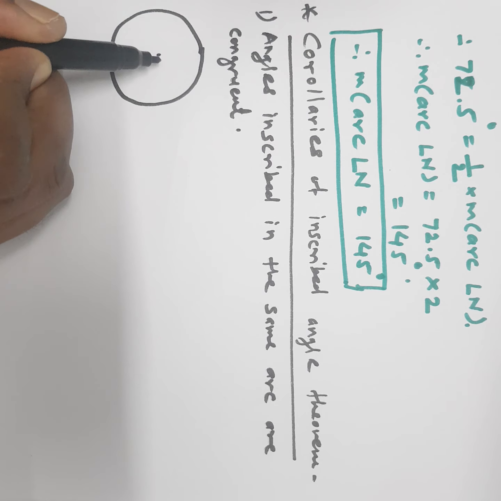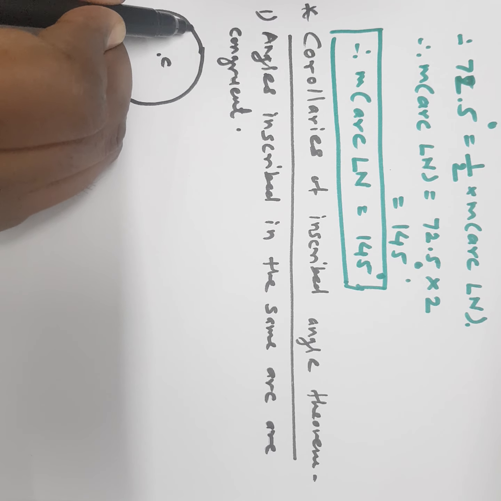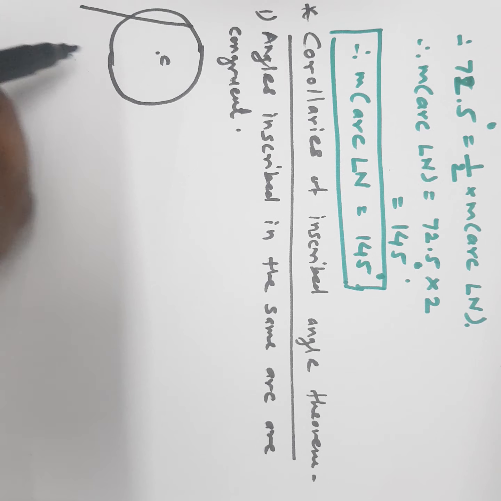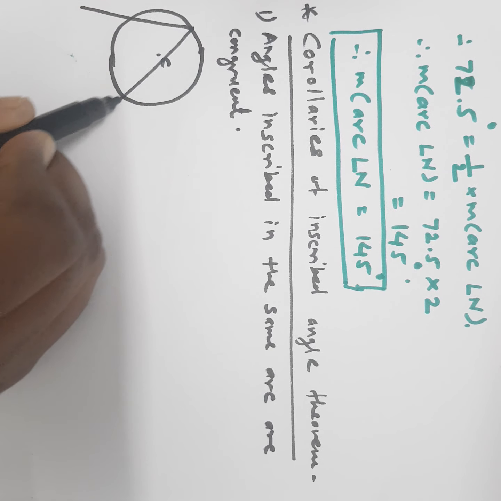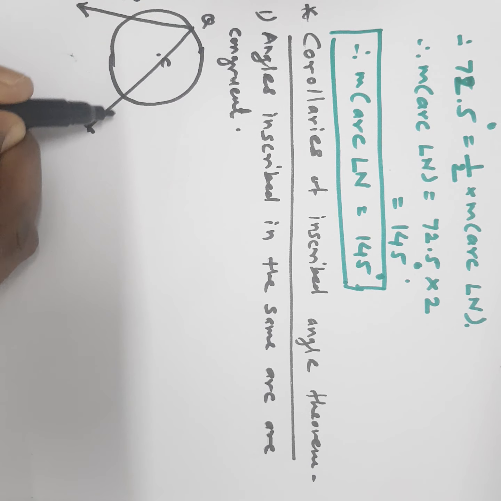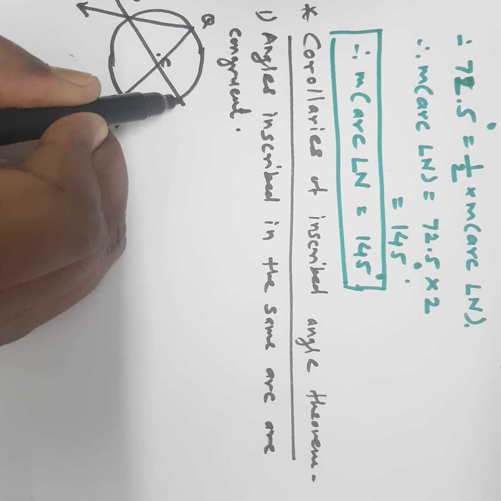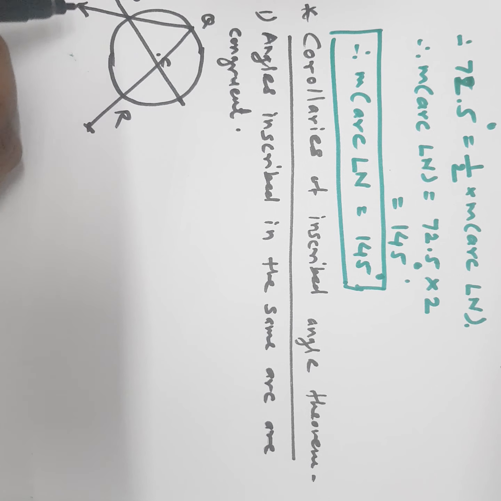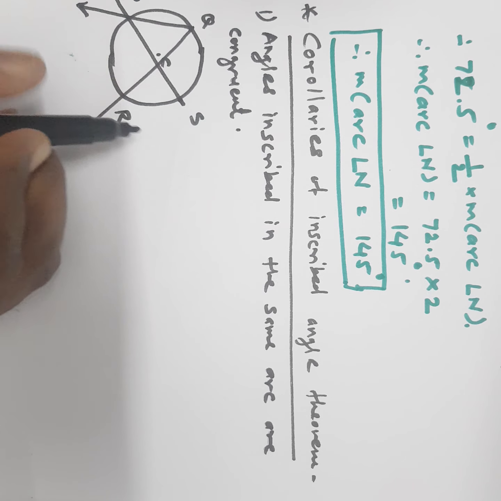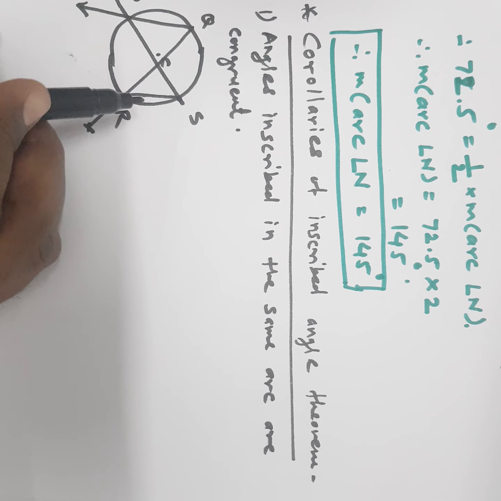If C is the center of the circle, first we will draw angle PQR and second, angle PSR.